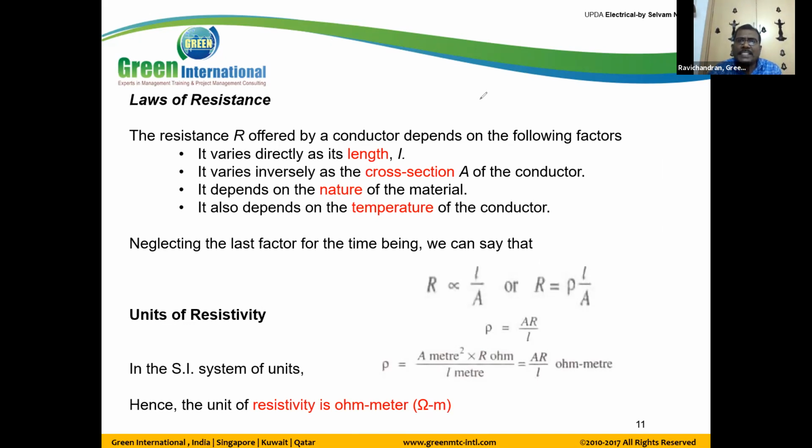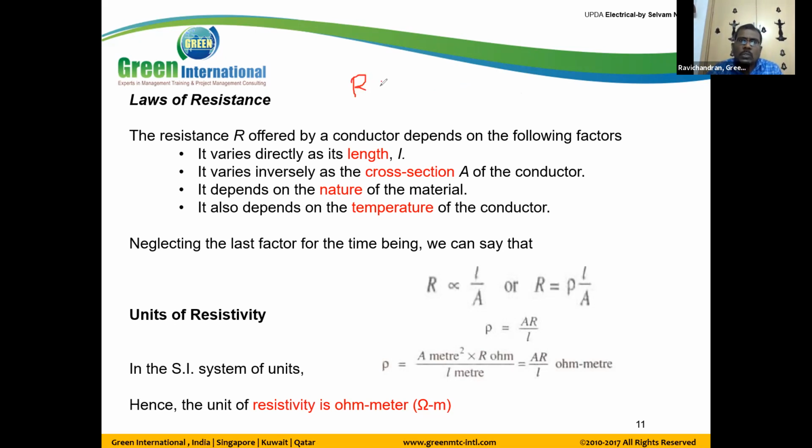From Ohm's law, we say I is equal to V by R. Now R is the resistance. The resistance involves various parameters that we now discuss.